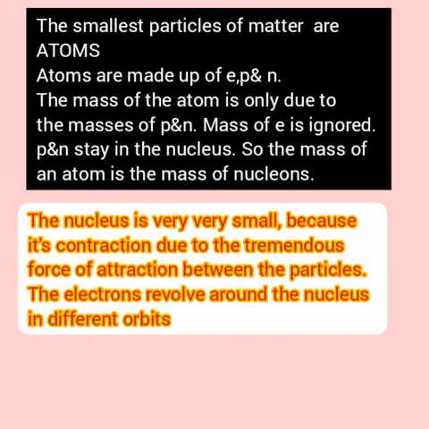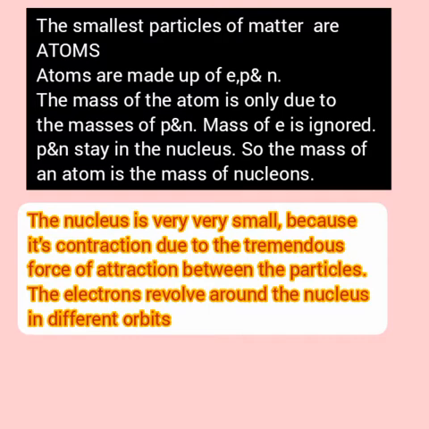The mass of the atom is only due to the proton and neutron, and their masses are considered to be 1 AMU each. If there are 2 protons, the total mass is 2. With 2 protons and 3 neutrons, it will be 5 AMU. The electrons are very, very light, therefore their mass is completely neglected.